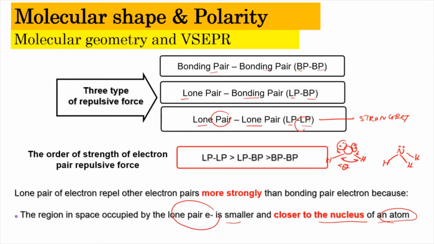Meanwhile, in this case for ammonia, it only has one lone pair and the bonding pairs, so it will repel less strongly, and hence the angle between the hydrogen and hydrogen bonds here will be bigger in comparison to the water here, because of the lone pair repulsion in water.